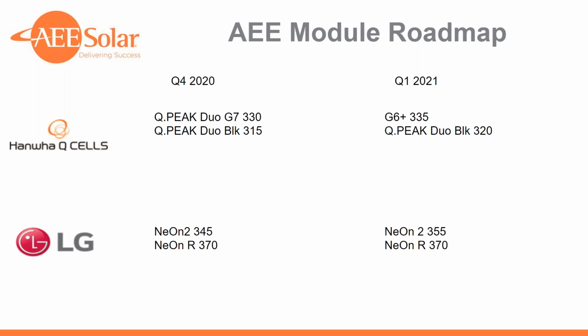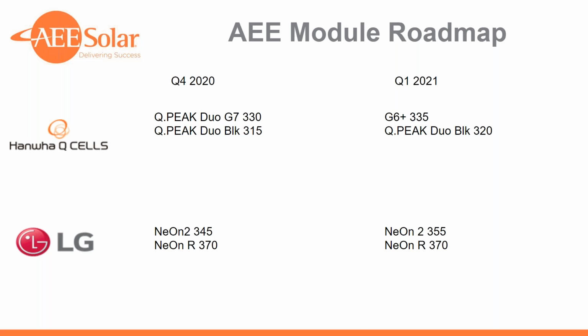From our friends at Q-Cells, we've currently got a Duo G7 330. That's our black on white offering, and a Duo Black 315. Q-Cells is kind of right in the middle of navigating this wafer change. The modules coming out of Korea and Malaysia are still using, call it, the M2 format.